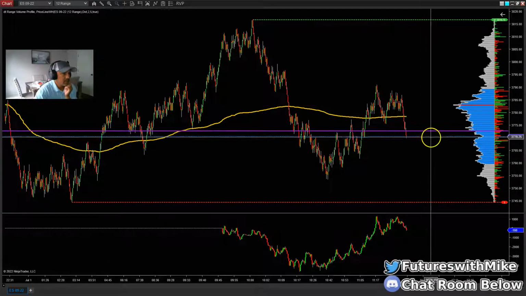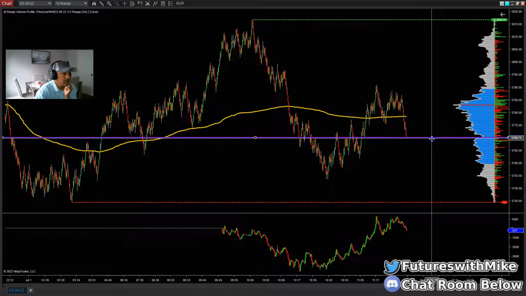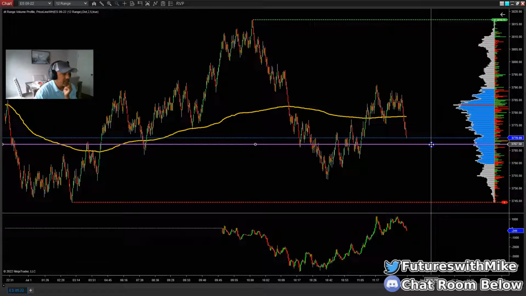Could push lower. We could push down maybe to this area down here. Not sure. We'll see.